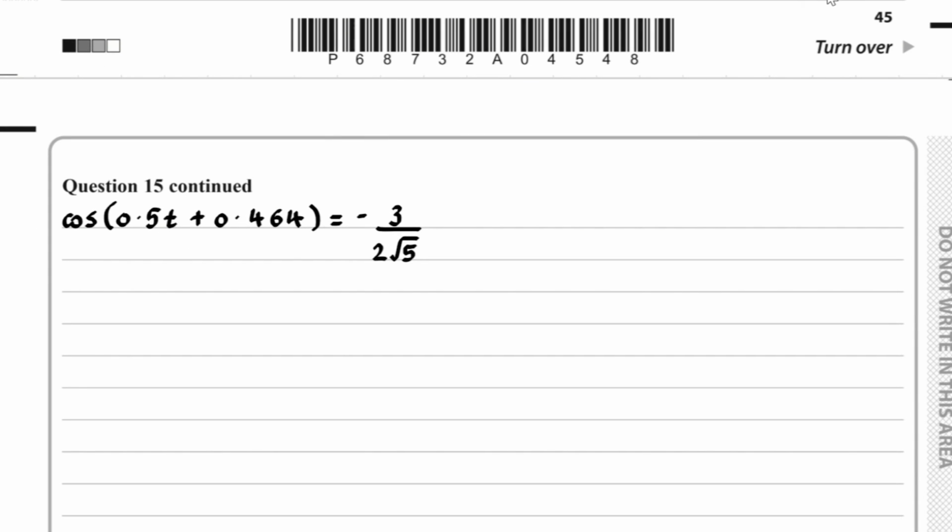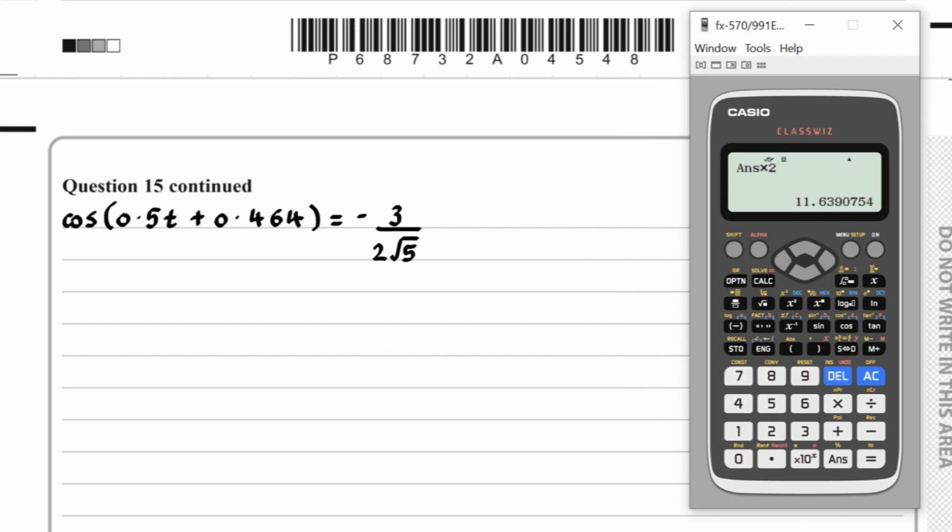First of all, we've got the inverse tangent of 0.5. Store this into our calculator. We've got 0.5t plus 0.464 equals the inverse cosine of minus 3 over 2 root 5. That's equal to 2.306, etc.